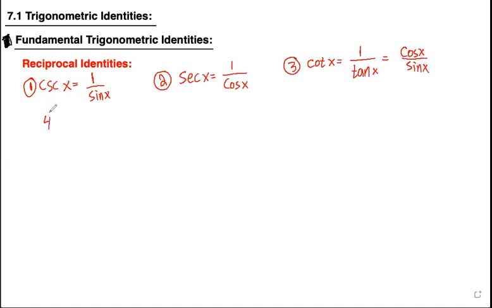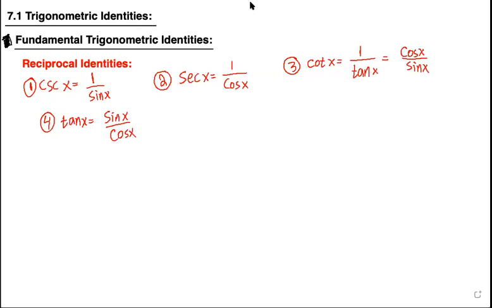Number four, the tan of x is the sine over cosine of x. So all of these, 1, 2, 3, 4, are called the reciprocal identities.